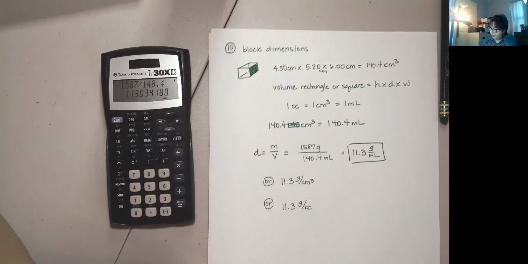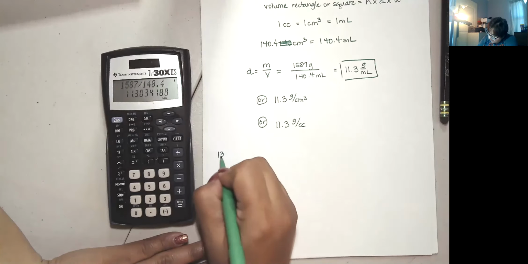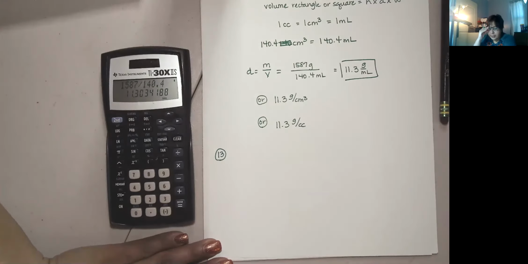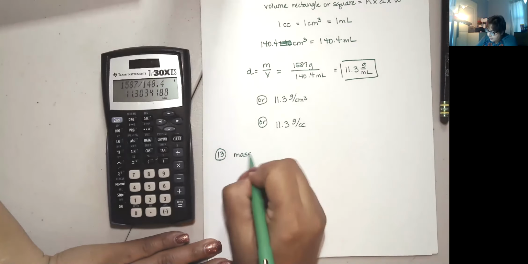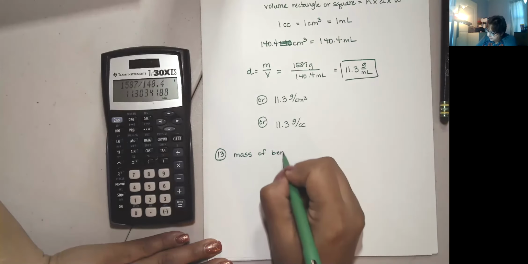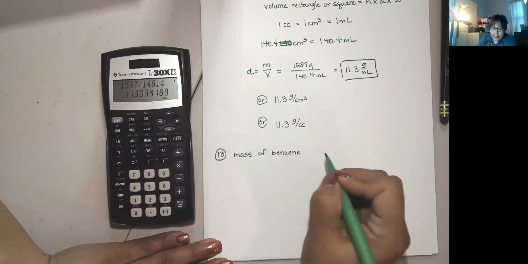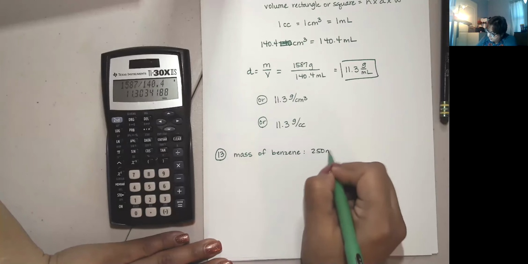Let's look at 13. It is a density problem, but this is kind of interesting because they give us the mass of a chemical called benzene. So we have a mass of benzene, looks like 250 mils.